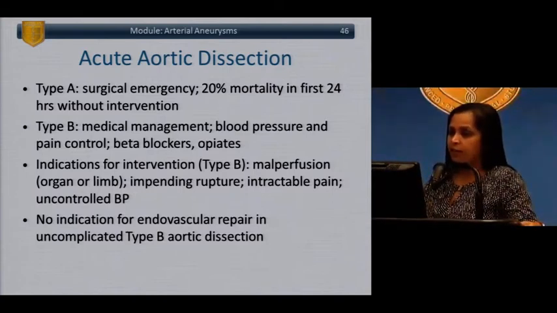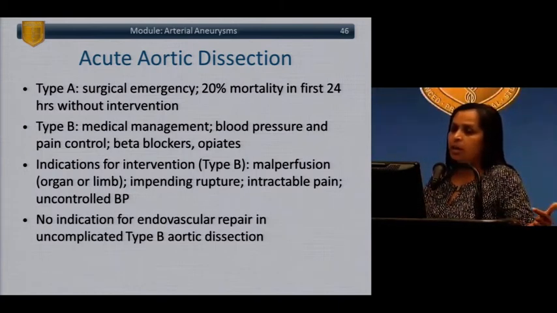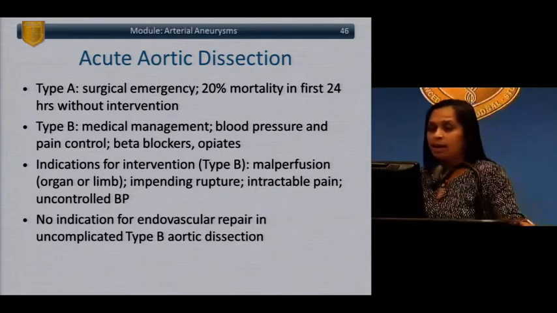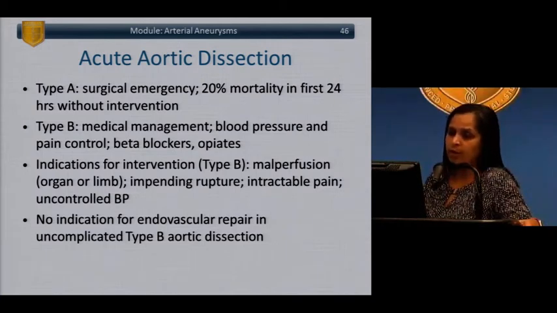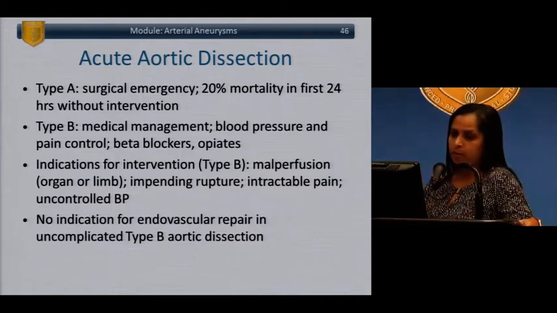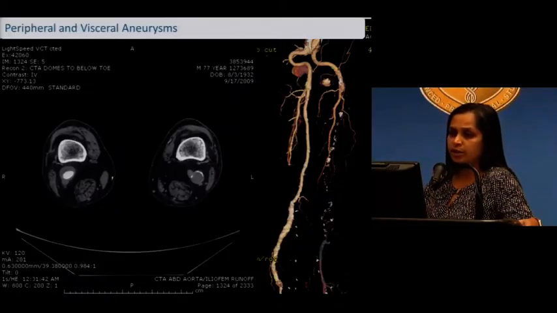Some of the indications for intervention with type B dissections include malperfusion syndromes of visceral organs, kidneys, extremities, impending rupture, intractable pain, and uncontrolled blood pressure where the patient is not able to be managed medically. As I mentioned before, there's really no indication for endovascular repair in uncomplicated type B aortic dissections.